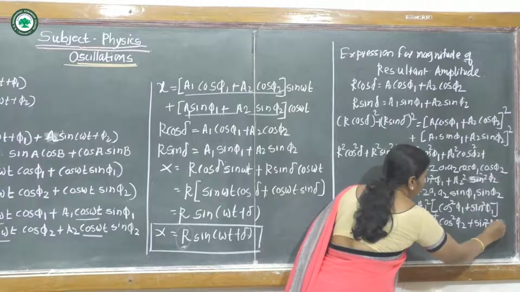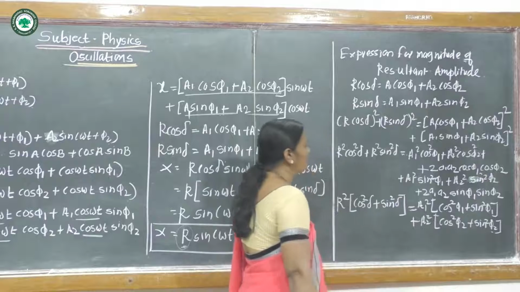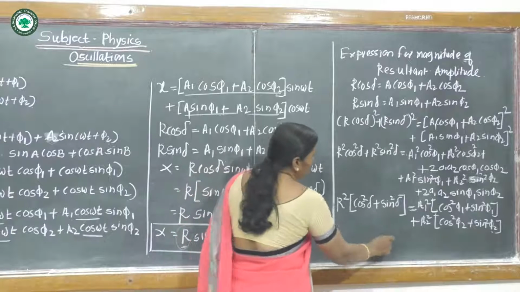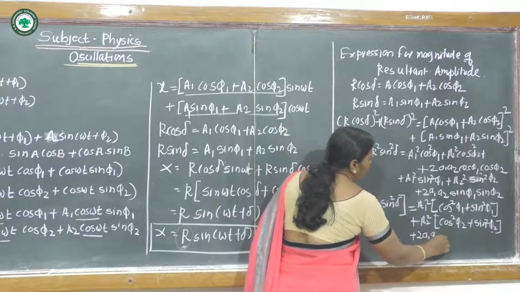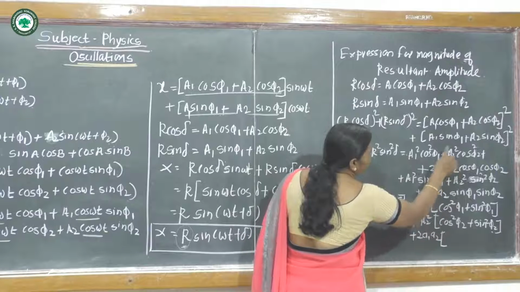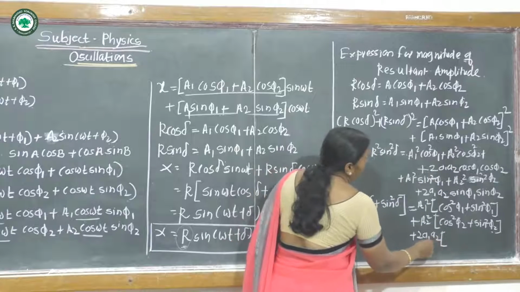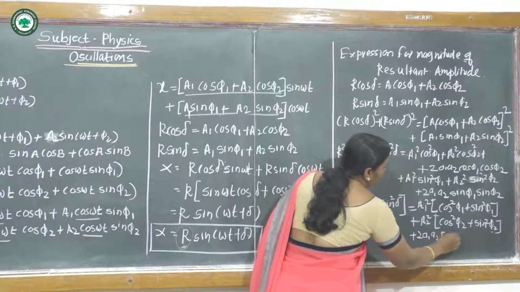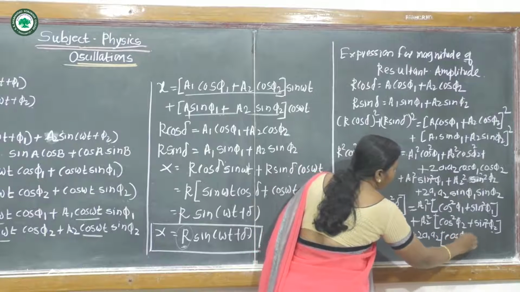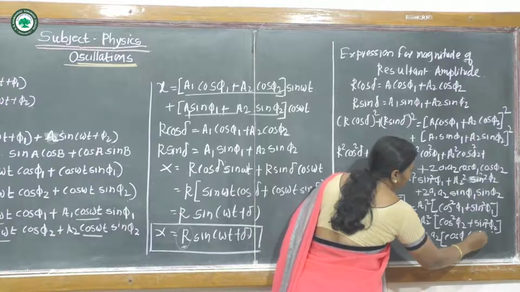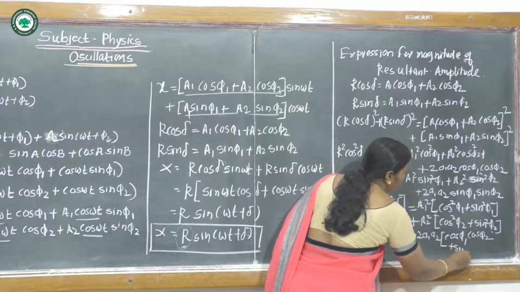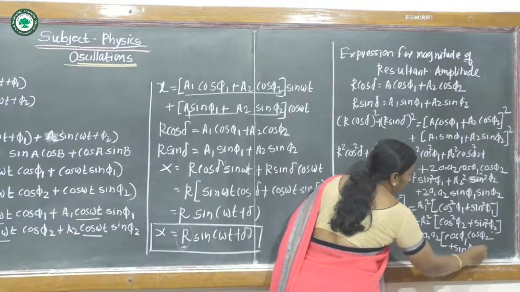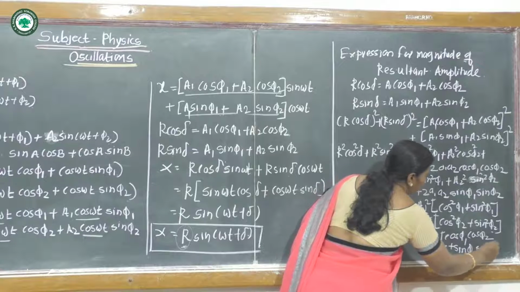Now the remaining terms are 2A1 A2, and in the bracket this term is cos phi 1 cos phi 2 plus sin phi 1 sin phi 2.